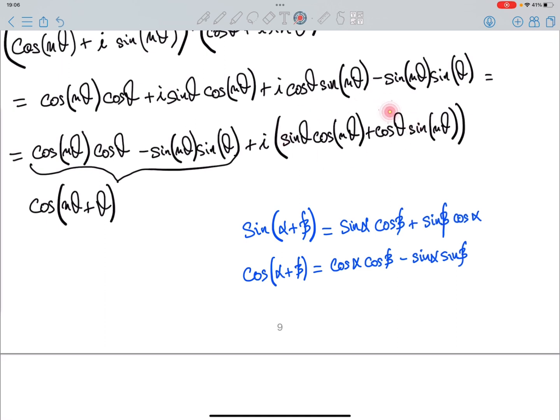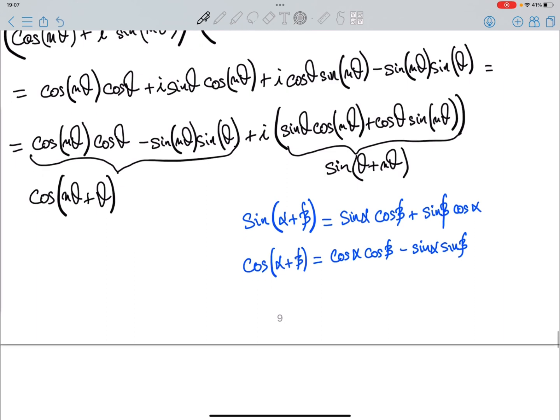Similarly here we have sin α cos β plus sin β cos α, so this can be reduced to sine, and we add up the terms, so this is sin(nθ + θ).